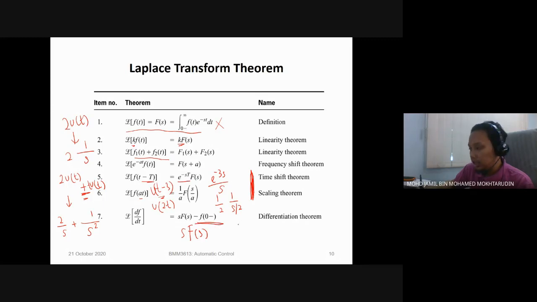Usually I will give 0 initial condition, so when it is 0 you can ignore this. Most of the time it is 0 initial condition, so don't worry much about having different initial conditions. If we are going to ask for a different initial condition, then I will inform you.